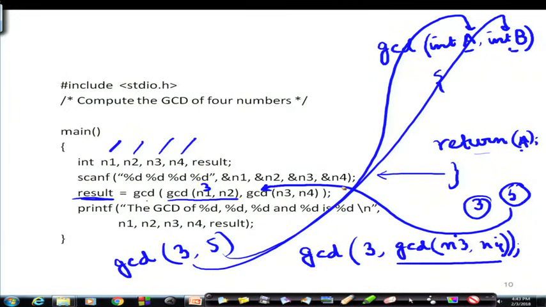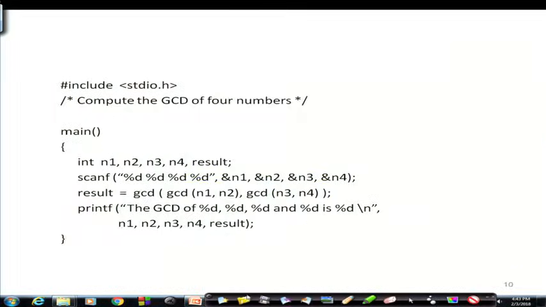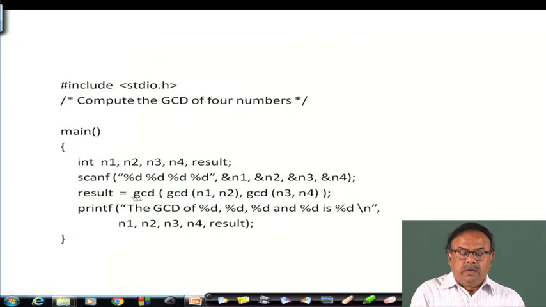That is how the GCD is computed in cascading of the function calls. The same function, you see, is being called time and again repeatedly from this single statement in the main function. We will continue looking at functions more.